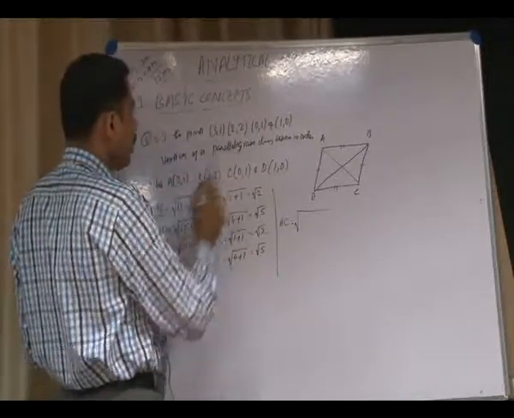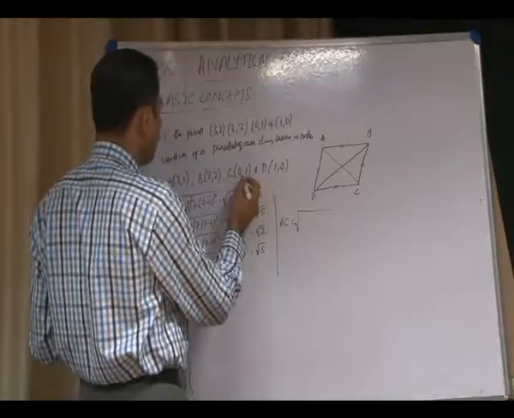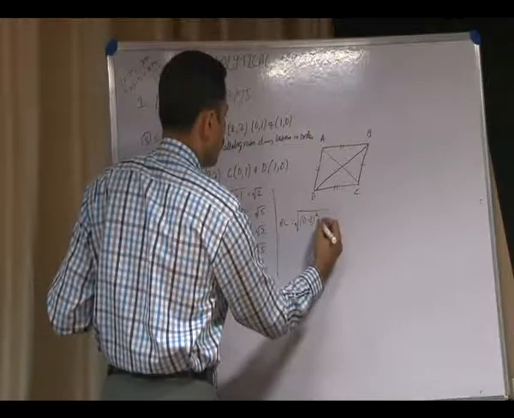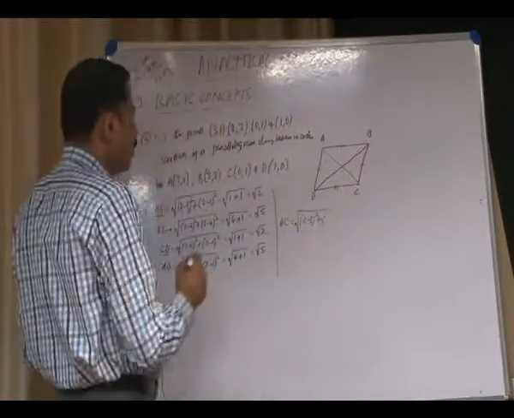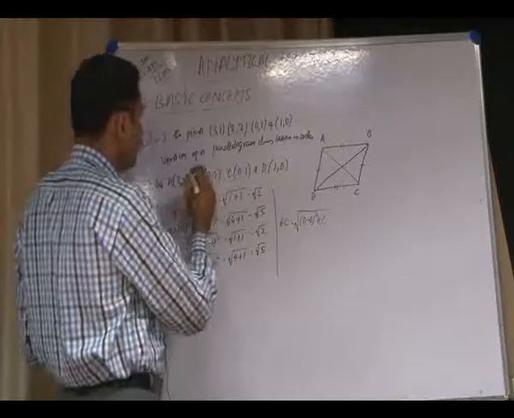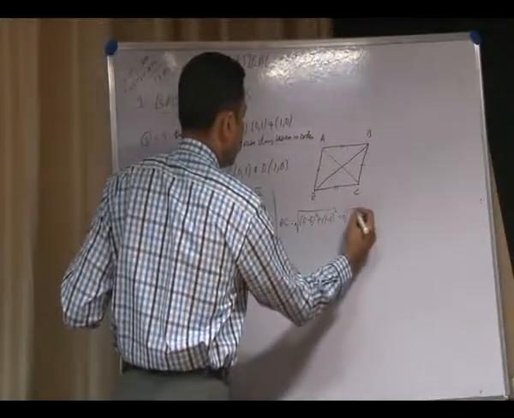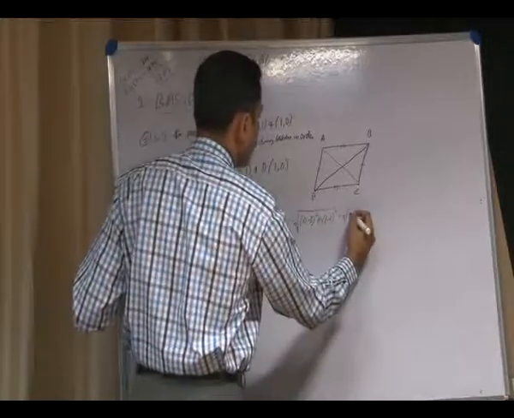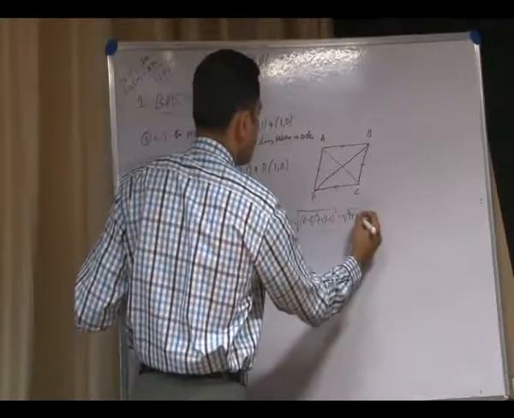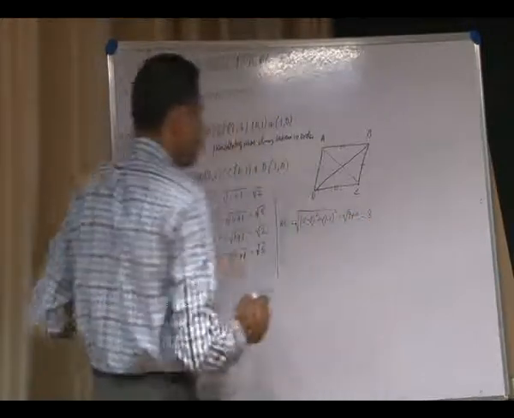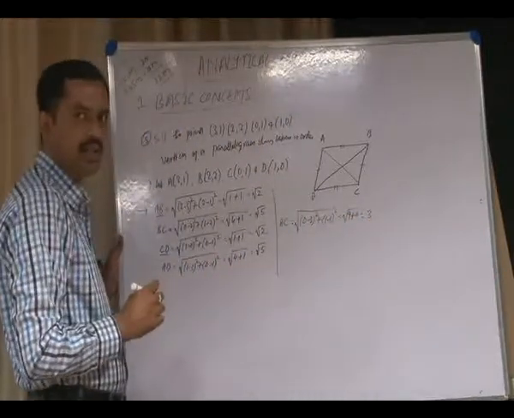So AC is equal to square root of x2 minus x1, that is 0 minus 3 whole square, plus y2 minus y1, that is 1 minus 1 whole square. So we get square root of minus 3 whole square is 9, plus 1 minus 1 is 0. So square root of 9 is 3, that is diagonal AC.